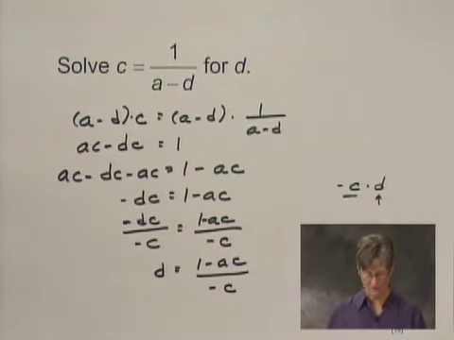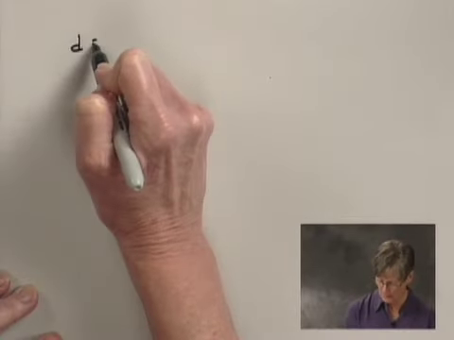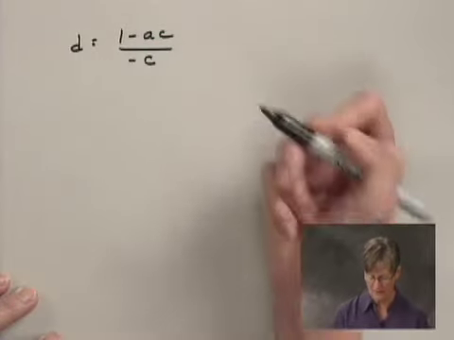Now there's another way that this can be expressed. Remember, we had d equals 1 minus ac over the opposite of c.